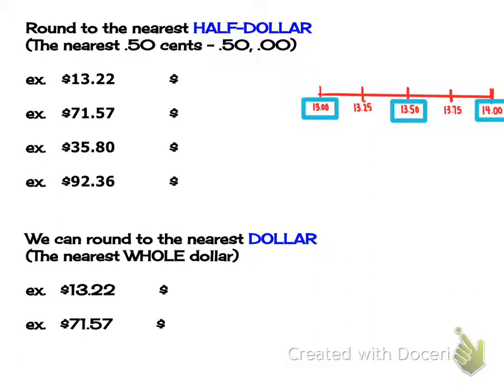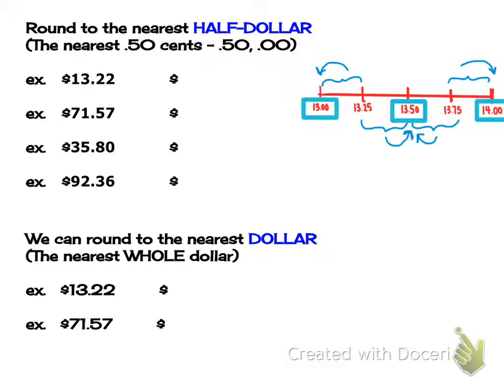So what you need to understand is that if it is less than a quarter, it will be closer to the whole dollar. If it is more than a quarter, it's closer to the 50 cents. If it's in between the 50 cents and the 75 cents, it's closer to the 50 cents. And if it's more than 75 cents, it's closer to the next whole.